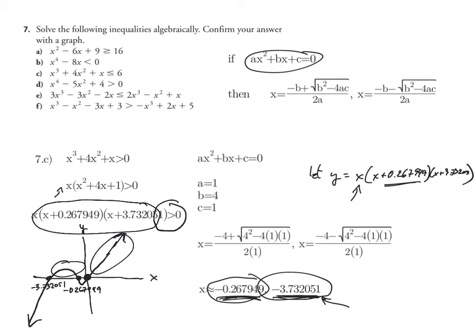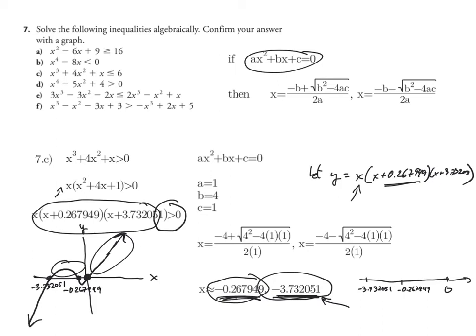I could do a number line when x is between negative 3.732051 and negative 0.267949, and from 0 all the way to infinity. Oh, when is it greater, not greater or equal.